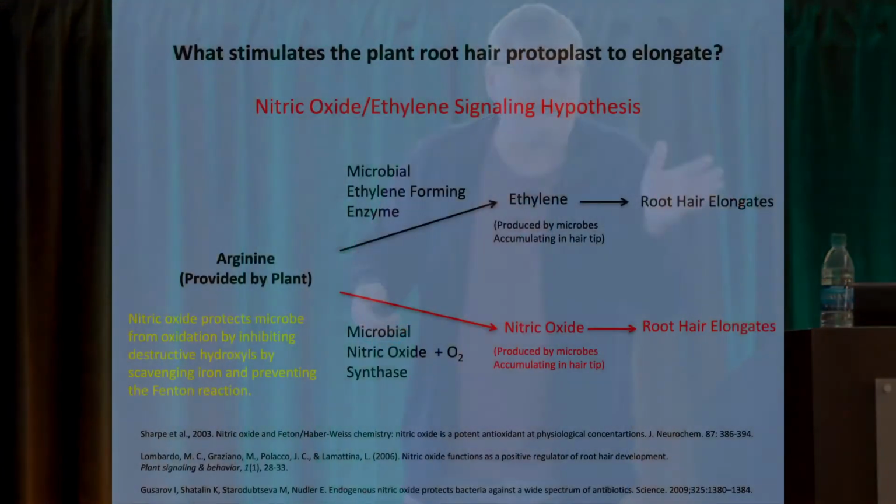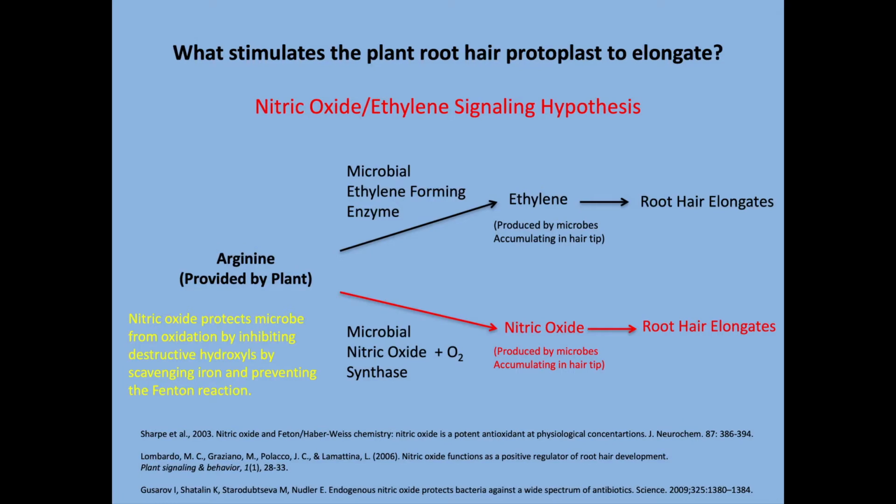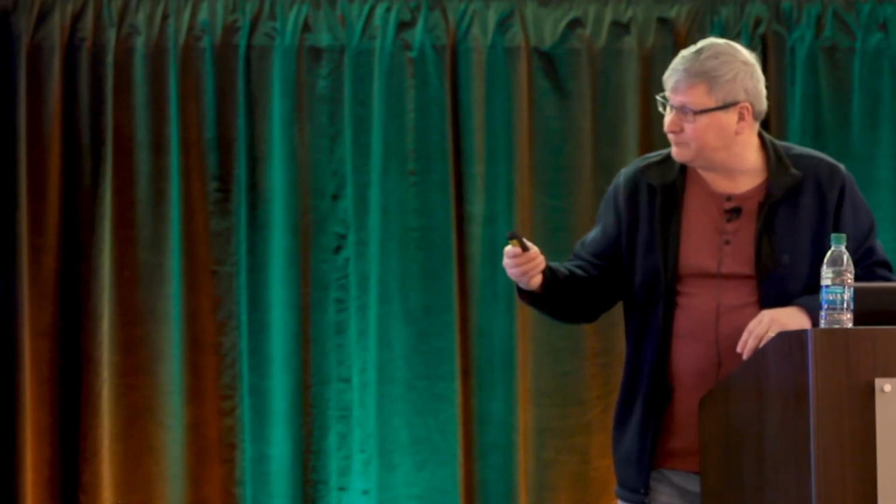And we think what's going on is at that tip, the microbes are secreting nitric oxide, or it could even be ethylene, but most likely it's nitric oxide. And that nitric oxide stimulates the root hair to elongate. So as long as the microbe is there, nitric oxide is formed, and the hair elongates. That may be the chemical mechanism.